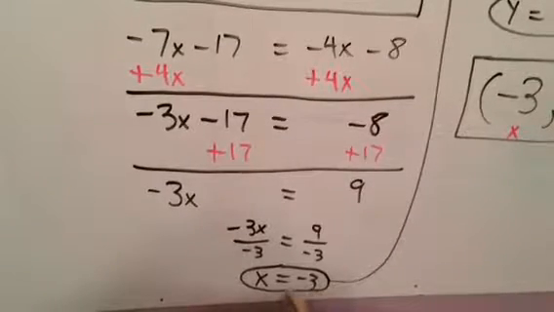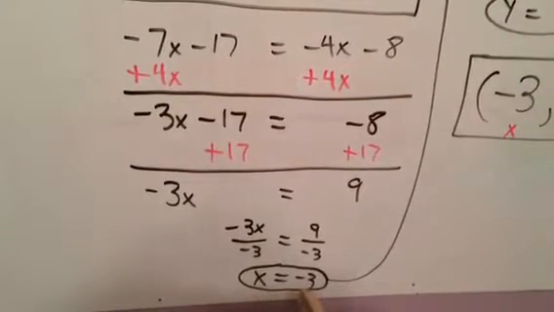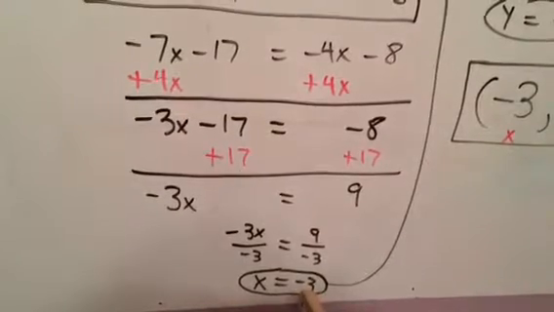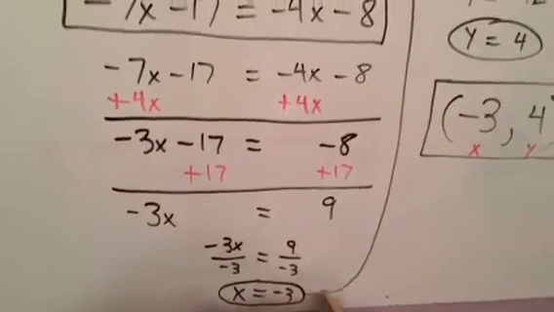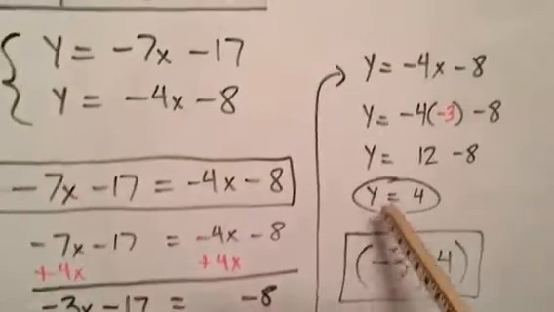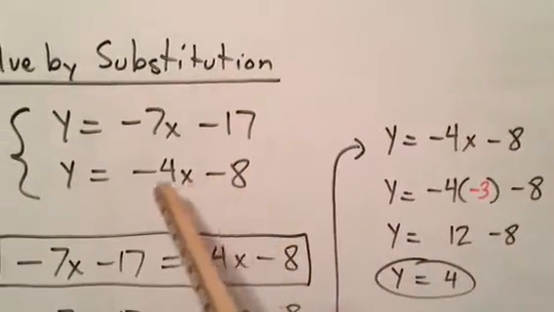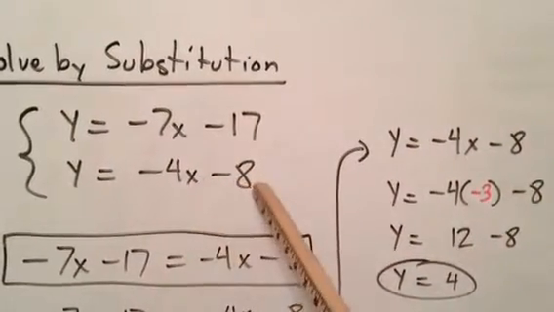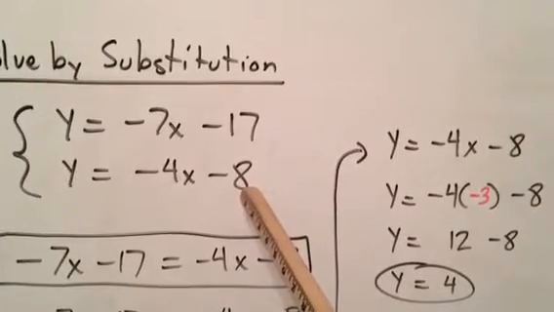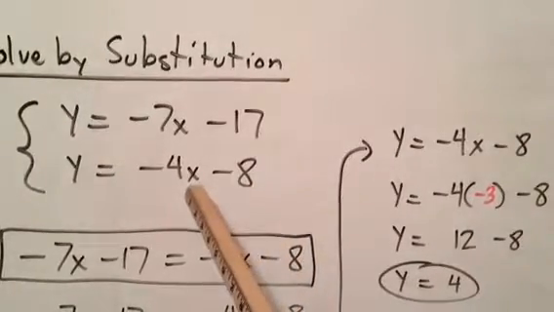Now that we know the value of x, we can take this answer and plug it into one of the two original equations. So I have chosen to take this equation and substitute my value for x into it.